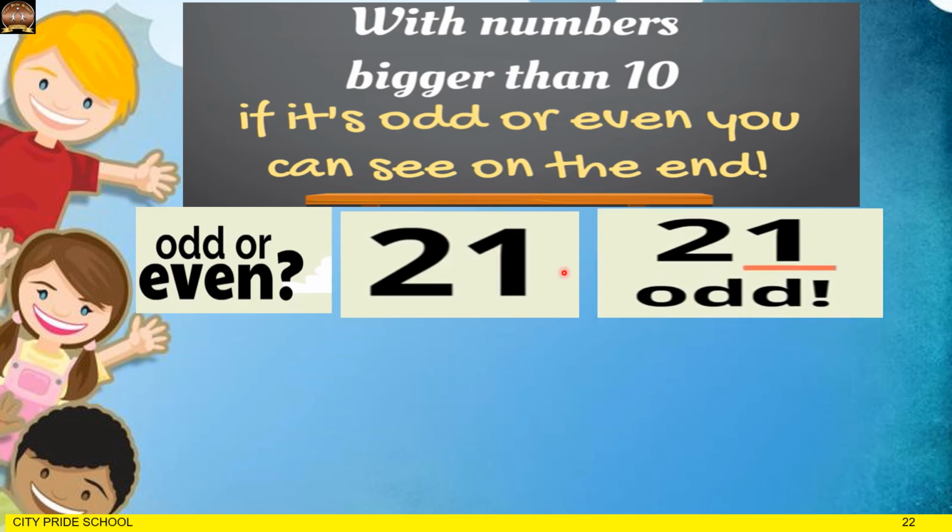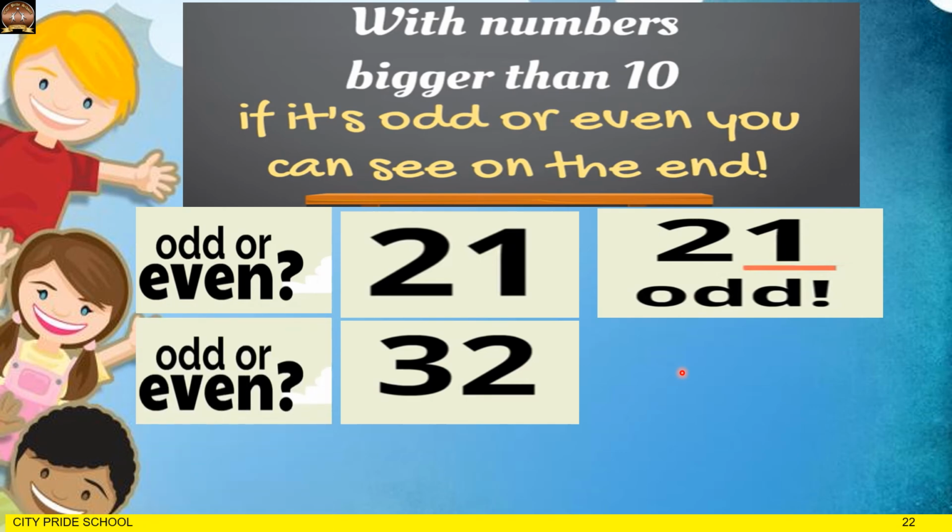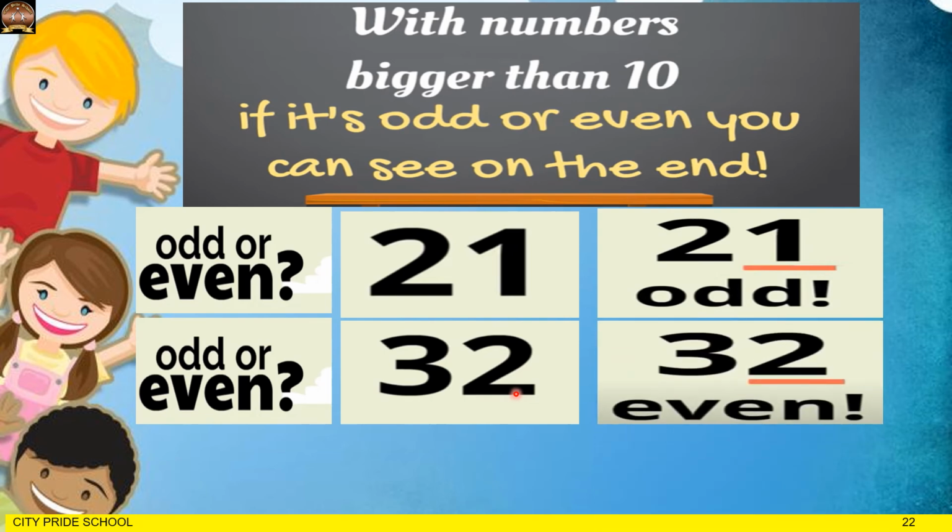Yes, correct. 21 is an odd number because at the end it's 1, right? Now let's see. 32. Is this an odd number or even number? Because here there is 2, and 2, 4, 6, 8 are all even numbers. Very good. So 32 is an even number. Very good.